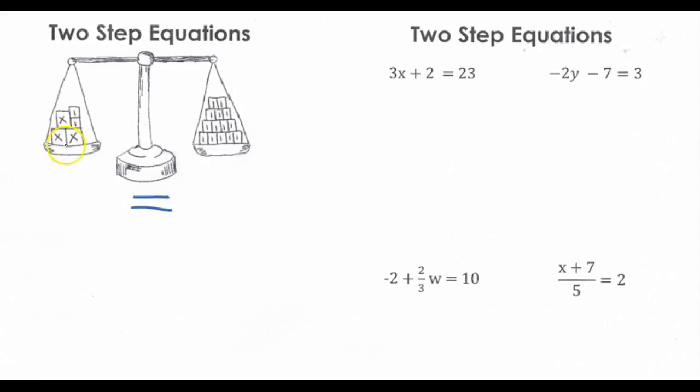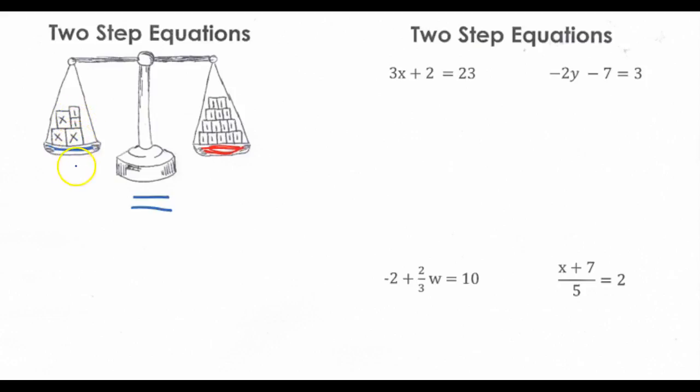It means that whatever is on the left side of the equation, or think about this left balance right here, is equal to whatever is on the right side of the equation. If we look at this pictorial, on the left-hand side there are three x's, and there's a 1 and a 1, so that's 2.